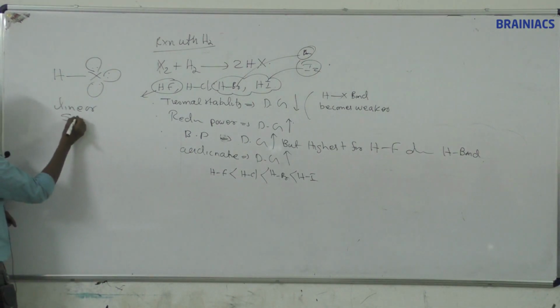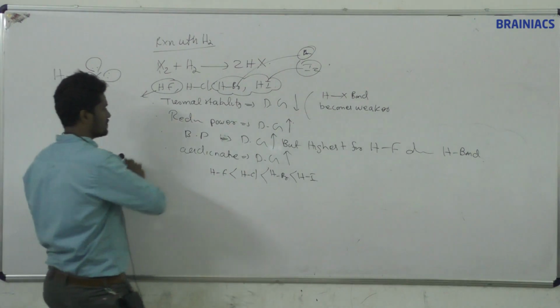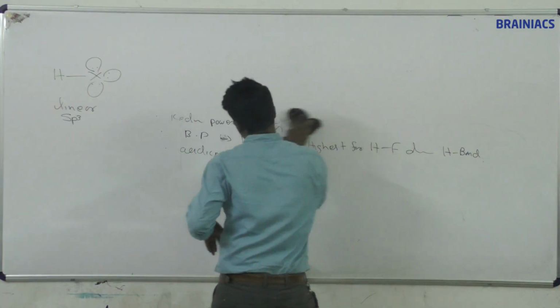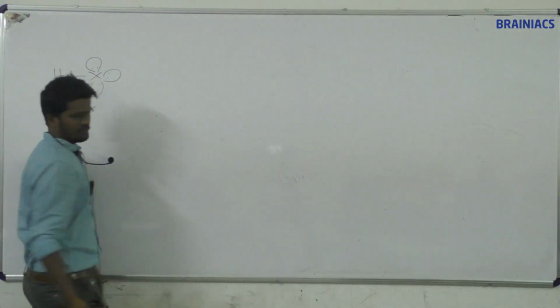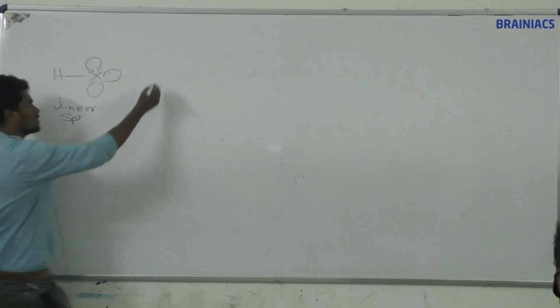So what will the hybridization be? sp3, with one bond pair and 3 lone pairs. So it is linear with sp3 hybridization.